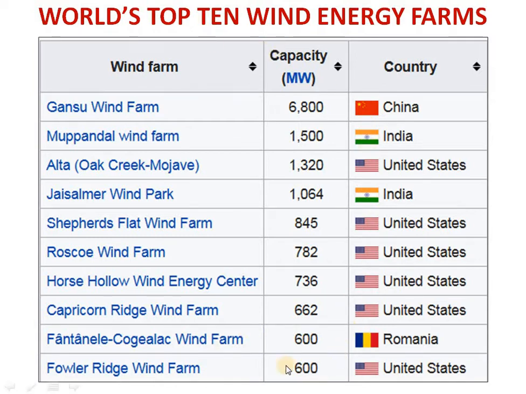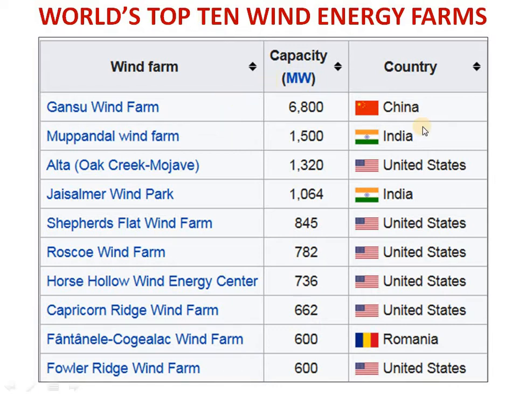Many global giants generate a huge amount of electricity from wind energy. Don't think wind energy is always converted into electricity; you can convert it into other forms as well, but here we focus primarily on electrical energy.